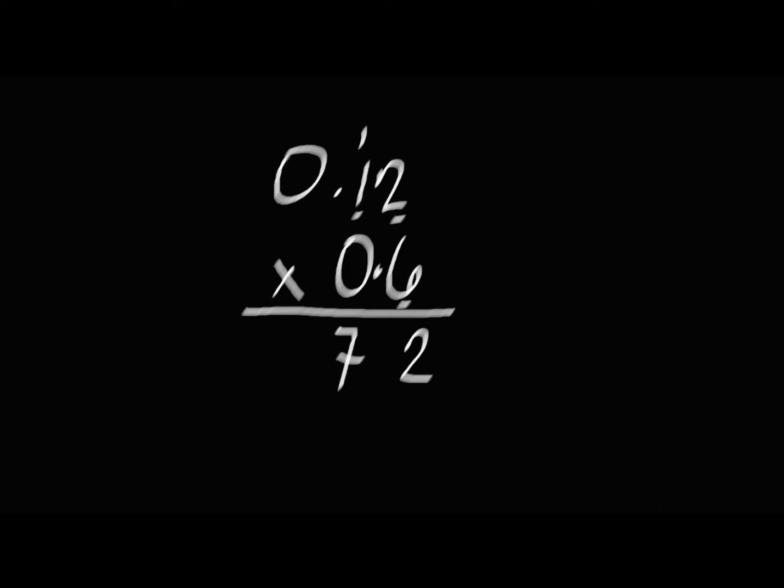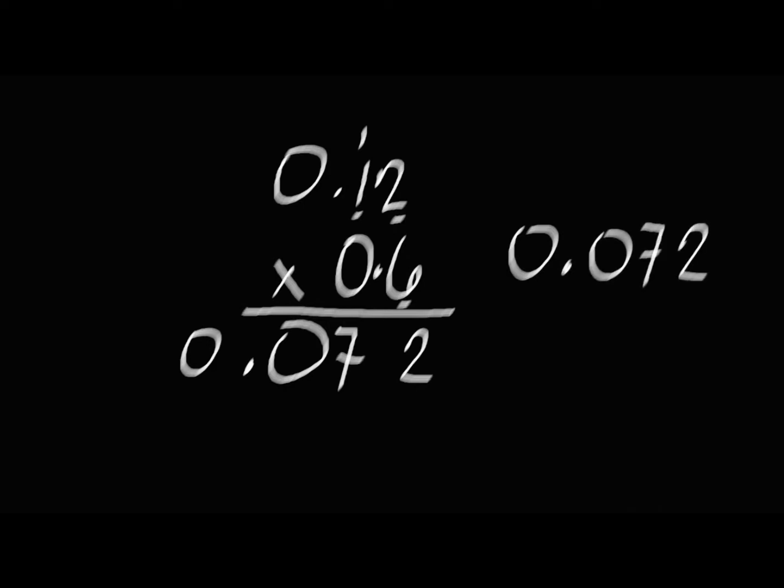We have 3 decimal places in our factors. Therefore, there must also be 3 decimal places in our product. But there are only 2 digits in our product. What to do if that's the case? We add 0. Then, put our decimal point here. Our answer to the problem is 72 thousandths.